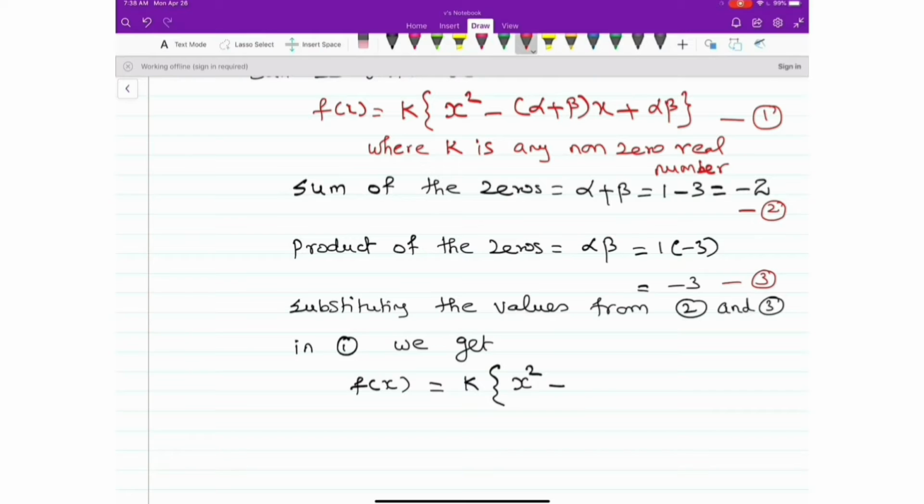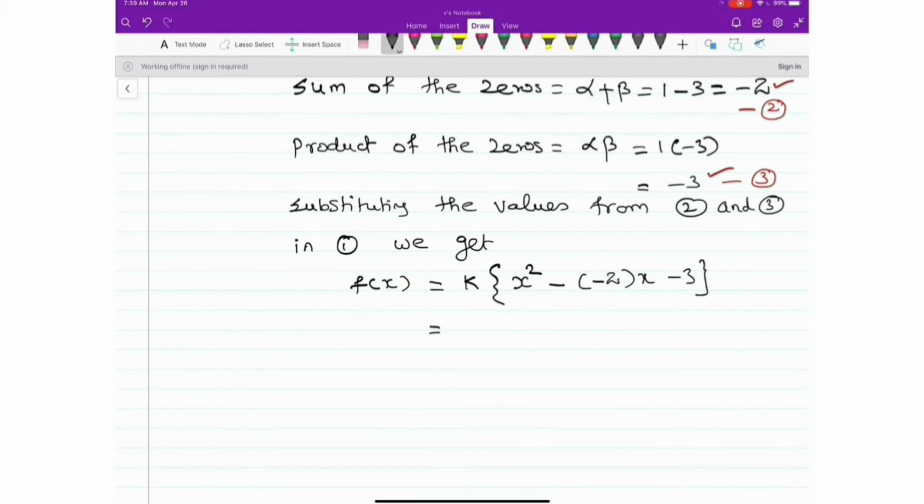We got alpha plus beta as minus 2 and alpha beta as minus 3. So let us substitute over here. We will be getting minus of minus 2 into x, then minus 3, which is equal to k into x square plus 2x minus 3.